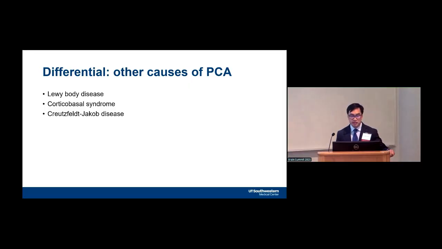But then a few months later, within a year, she also started developing visual hallucinations and Parkinsonism and dream enactment behavior. So she likely had dual pathology of Lewy body disease and Alzheimer's disease. Keep in mind also corticobasal syndrome and CJD can be associated with a presentation of posterior cortical atrophy.